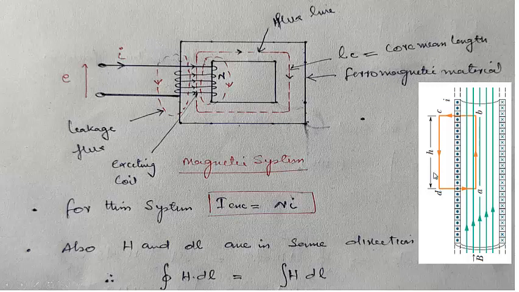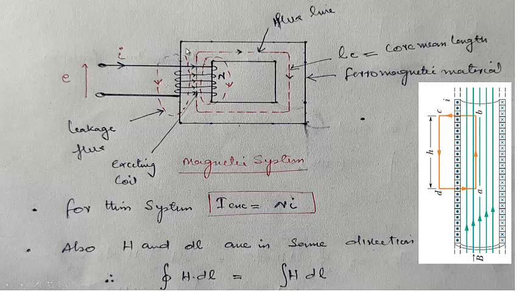Since we are assuming there will be no leakage flux, the flux will only be over here. From here to here we are assuming that the total number of turns is N, and the current through every conductor will be I. So the total current encircled by this Gaussian surface will be N into I, because we are taking the Gaussian surface to be like this from here to here.